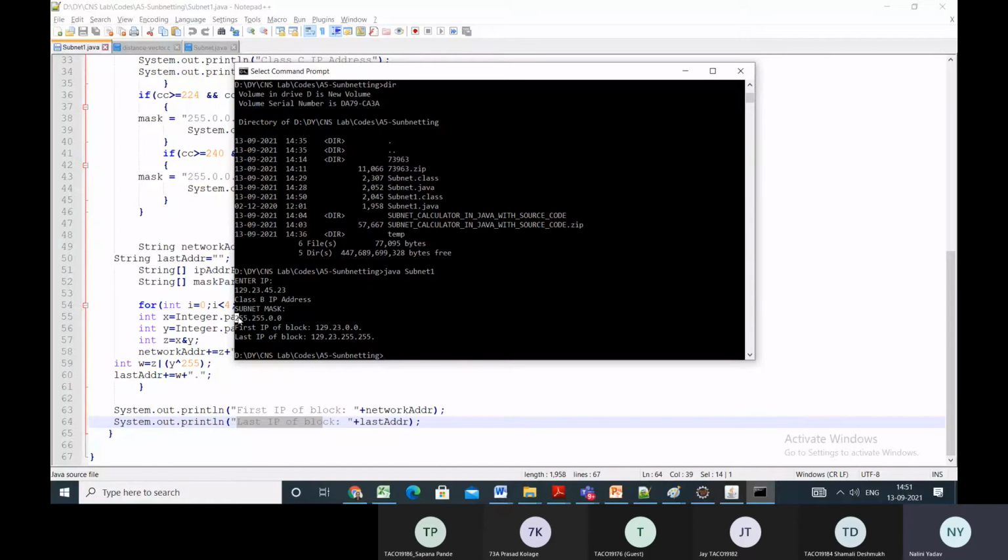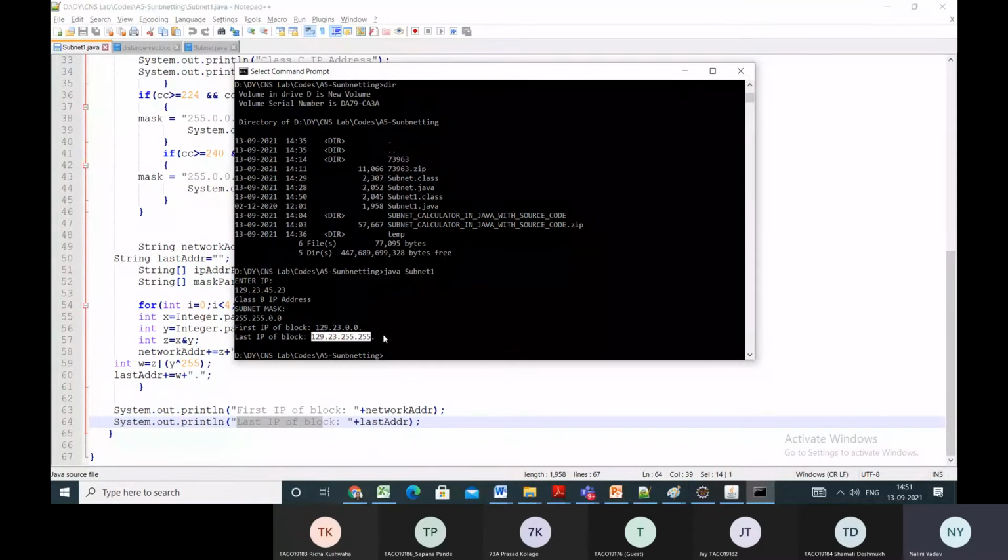Then my subnet mask for it is 255.255.0.0. The first IP address of the block will be 129.23.0.0 because it is a class B IP address. So I will be ANDing my IP address with the subnet mask to get the first IP address, and for the last IP address, I will be putting all ones in the host part of the IP address. The host part of the IP address is the last 2 bytes.